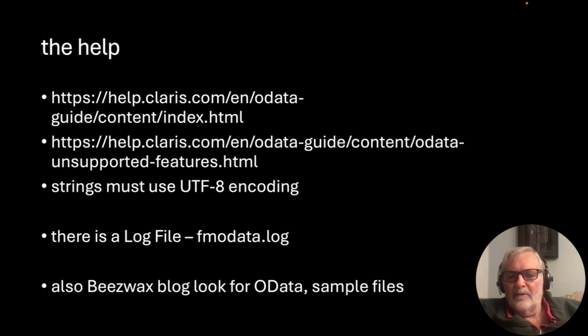There is Claris help available. Specifically, there's technically an OData guide. That's the reference to how to navigate directly to there. And it does contain an interesting page, which is unsupported features.html.